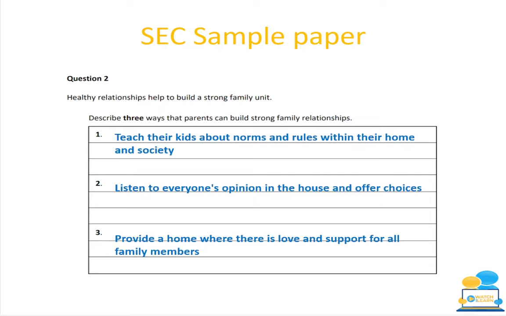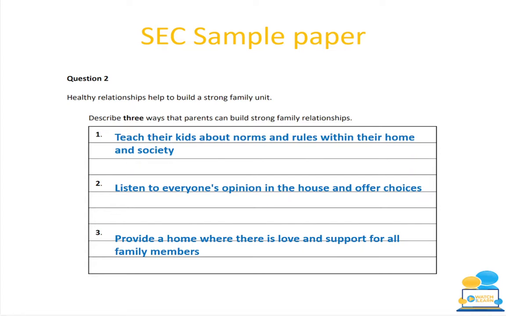Here is an example of an NCCA sample paper. This is question 2, which means it is a short question. It says, healthy relationships help to build a strong family unit. Describe 3 ways that parents can build strong family relationships. So for example, they teach their kids about norms and rules within their home and society.